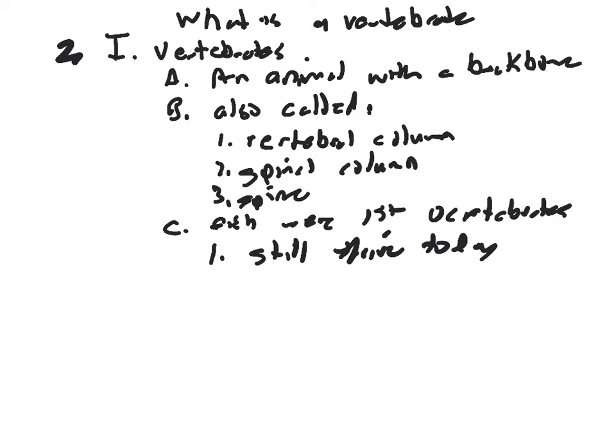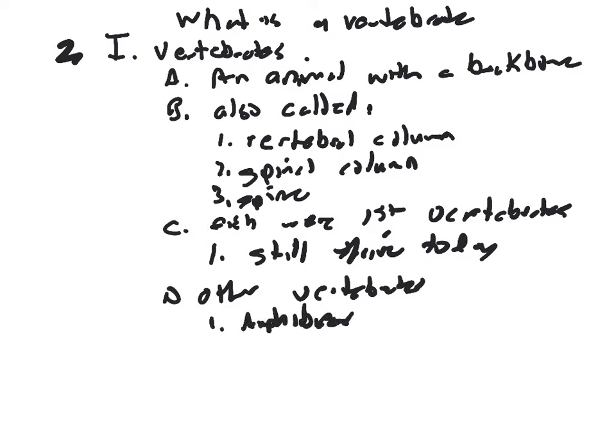Other vertebrates include amphibians. Other vertebrates: 1, amphibians. They give an example of amphibians, but we don't have to put frogs.